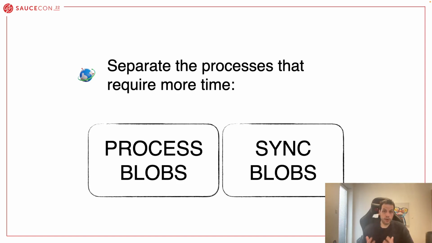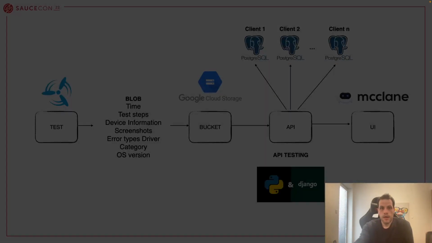Afterwards, the sync blobs interacts with Google Cloud and adds all blobs from the bucket that haven't been processed yet from the last n days. Maybe 1 day, 2 days, or even an entire year. Or the entire history, maybe.